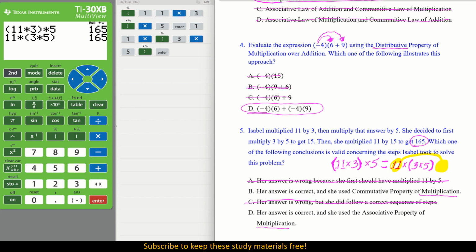The way that they wrote this right here, they kept it in that 11 by 15. That keeps it in the order that I wrote it, and therefore that's associative. Now, if they had said 15 by 11, yes, it would have been option B because of the way they wrote the problem. Option B is out, and our final conclusion is option D.